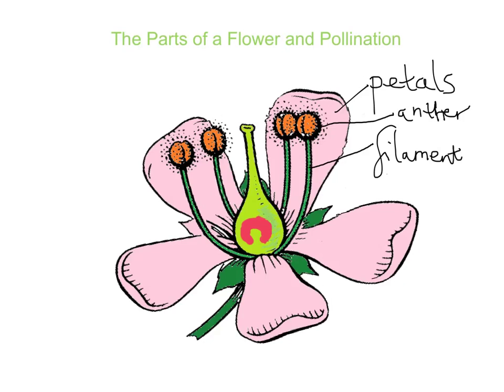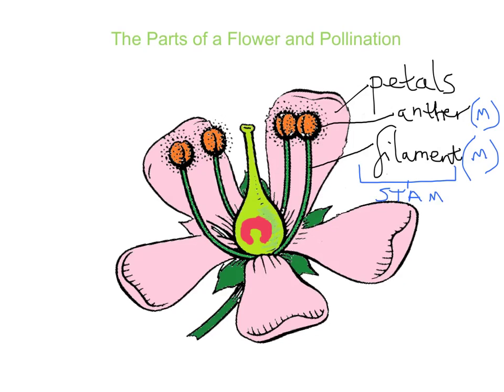So we have an anther on top of, or if you like, sitting on top of the filament. Now those represent the male reproductive parts. If I put M here, the male, they're the male reproductive components of the flower. And collectively, that anther and filament form what we know as the stamen.